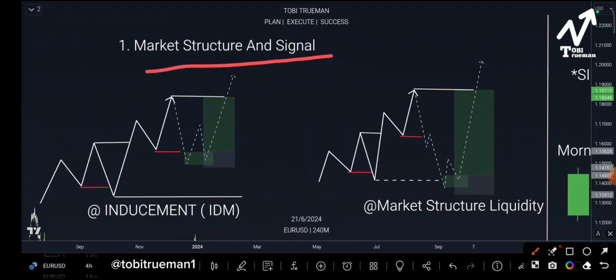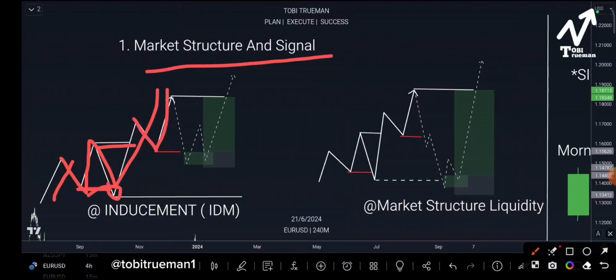and signal, like we have already learned repeatedly in this channel about smart money concept. The market is bullish in this scenario, making a pullback, price takes inducement, then break of structure, this low is confirmed.